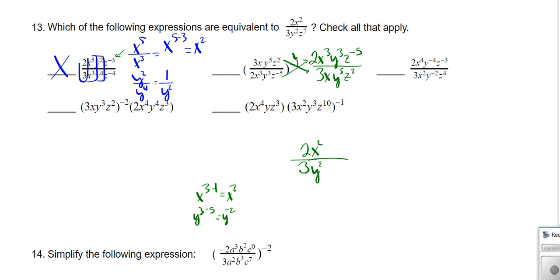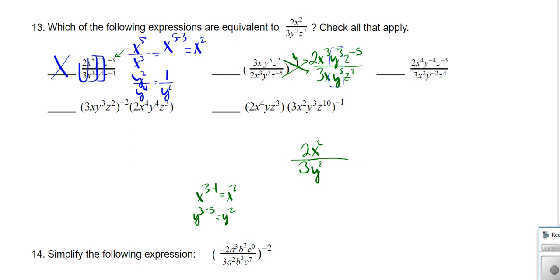Also, the way I do it when I have something like this, I look for which one is larger, the 5 or the 3. 5, clearly. So whatever y's I have more in the denominator than in the numerator, I find the difference. 5 minus 3 is 2, and that y squared is in the denominator because there were more y's there to begin with.